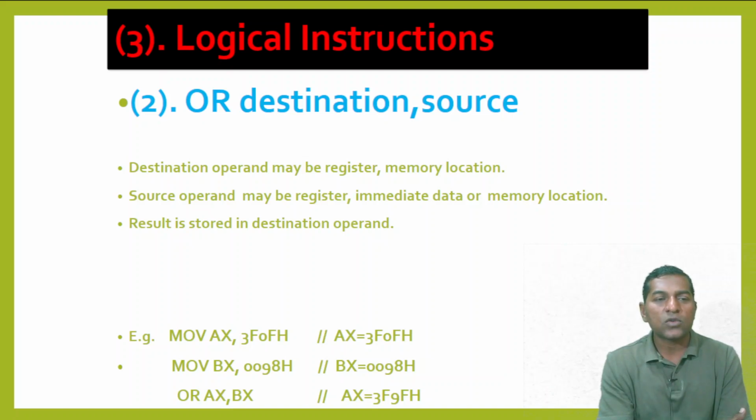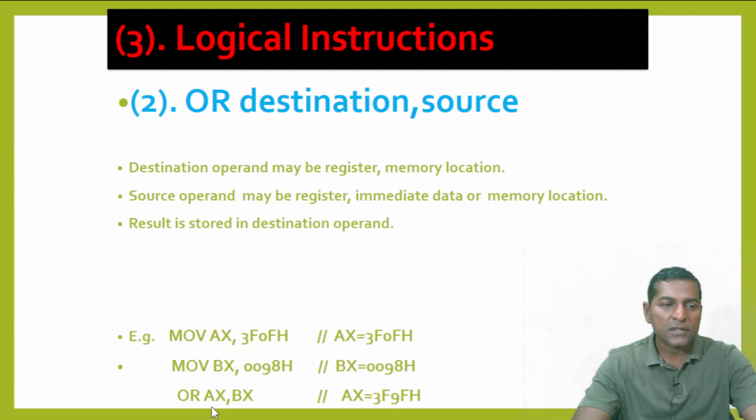The result is stored after the OR operation in the AX register, the accumulator. So MOV AX, 3F0F, and the contents 3F0F will be copied into the AX register, whereas the contents 0098 will be copied into BX.